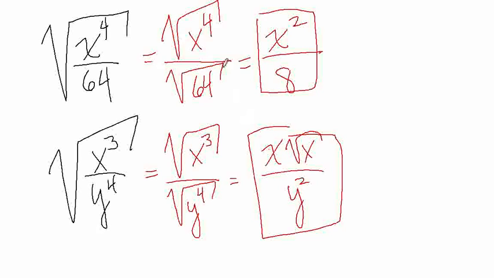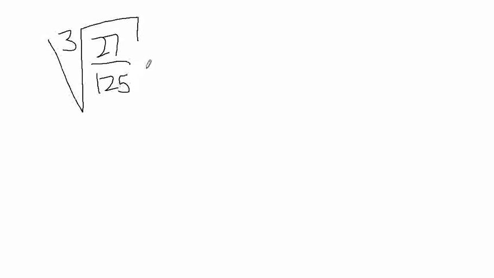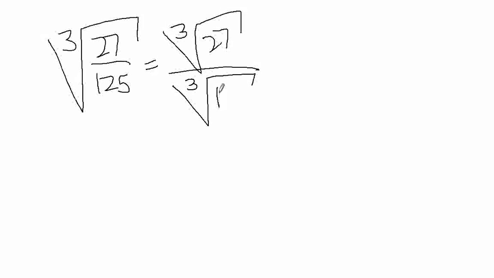All right? And remember that this formula applies to other roots besides square roots. So for example, the cube root of 27 over 125 is equal to the cube root of 27 divided by the cube root of 125, which gives 3/5.